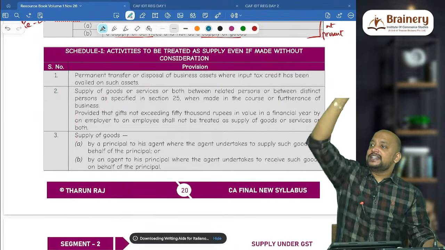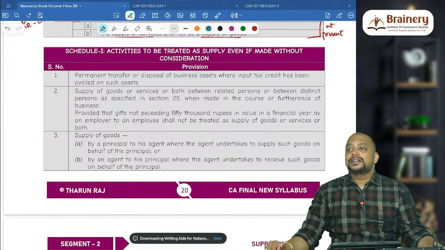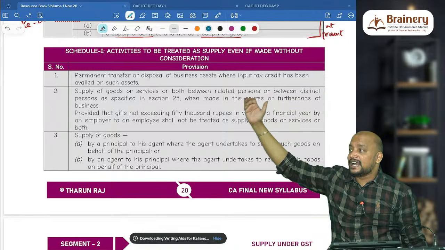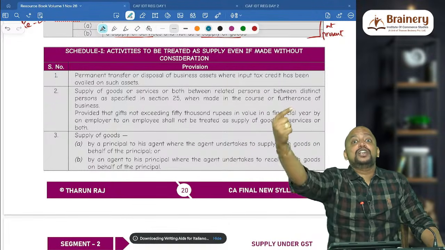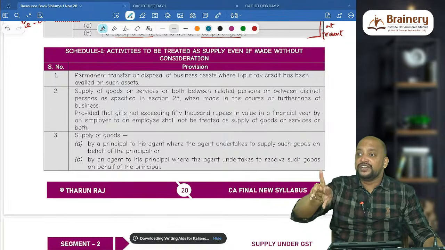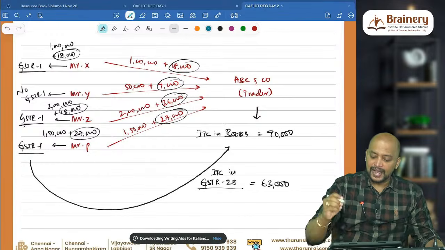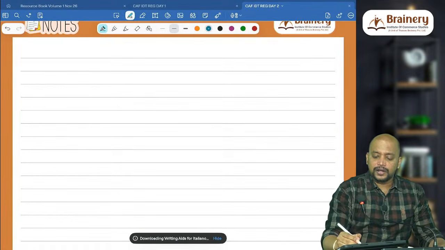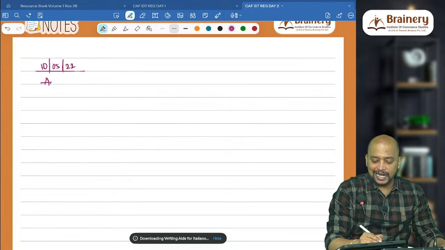A. ITC availed minus 5% for every quarter or part thereof from the date of purchase till the date of sale, or GST on sale value of that particular capital asset, whichever is higher. Okay. Now listen. I am buying an AC, say on 10/5/2022, I purchased an air conditioner.